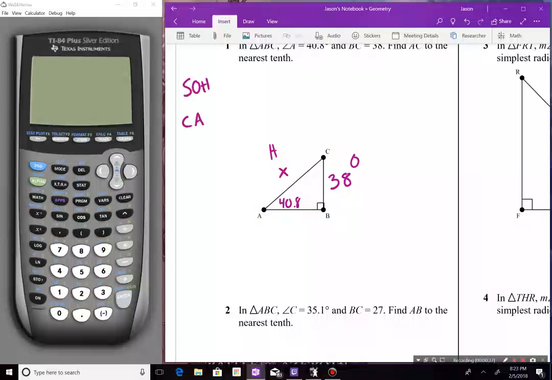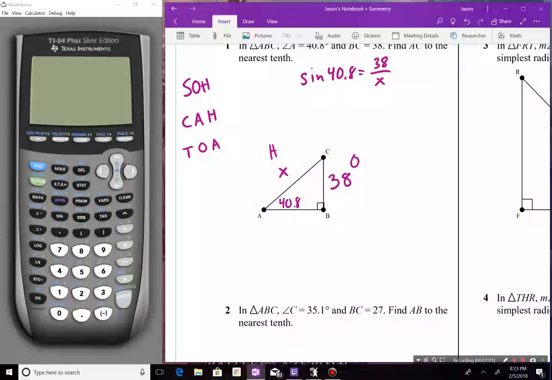Sine is opposite over hypotenuse, cosine is adjacent over hypotenuse, and tan is opposite over adjacent. Again, when we're setting up the function, it works that way. Since we have O and H, this is going to be sine.